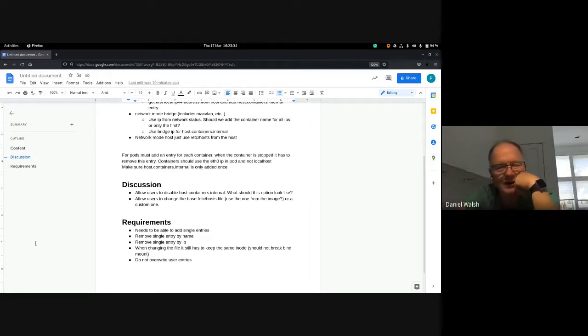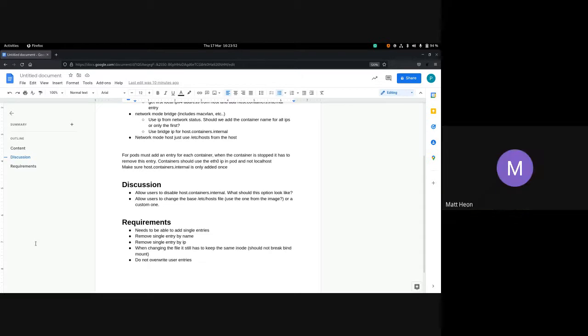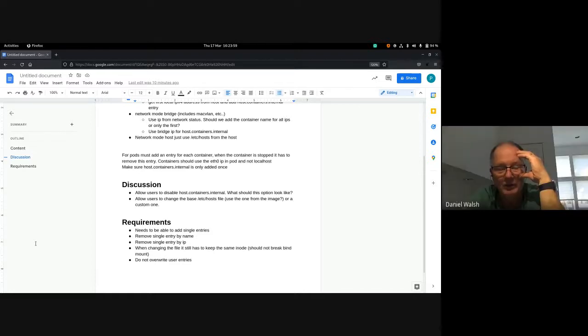So if I had two containers running on a system, they won't be able to connect to each other via the Etsy host file, via the names or aliases. That only works if they're inside the same pod. If I create container A and container B, container A does not see container B's Etsy host entry. Not via host. It works via aardvark instead, so DNS. But it wouldn't be in the Etsy host file. If A wanted to ping B, it would have to know that that's in DNS, not in Etsy host.